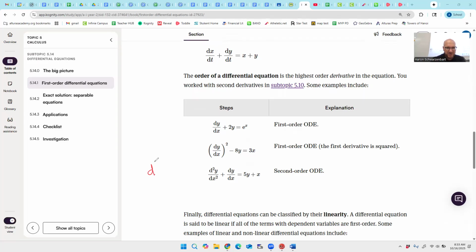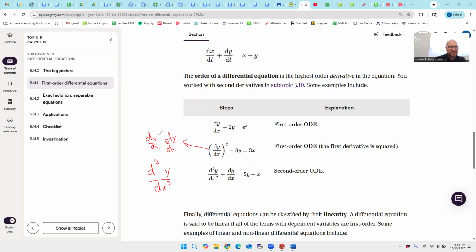Yes, this is a d squared y. You wonder why they notate it like that? Because this is dy dx times dy dx. It's just two first derivatives times each other. So that square would just be dy squared over dx squared, whereas the second one is just something else.